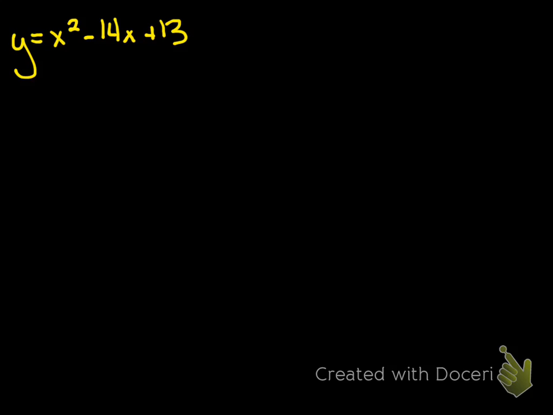All right, so here we go. We know it's a quadratic because of the squared right there. All right, so all we're going to do first, just like the other question, we're going to do our A, our B, and our C. All right, so our A is 1, our B is -14, and our C is 13. All right, so once you get that, we're going to do the axis of symmetry.